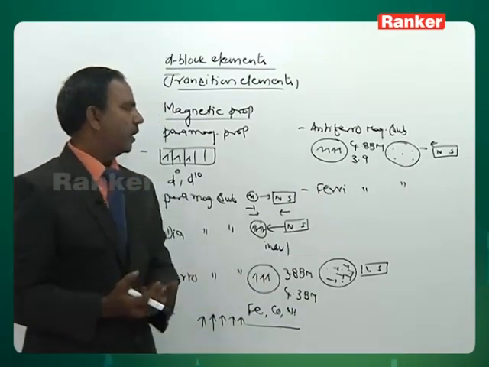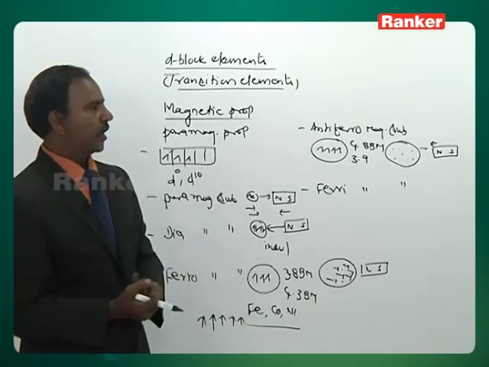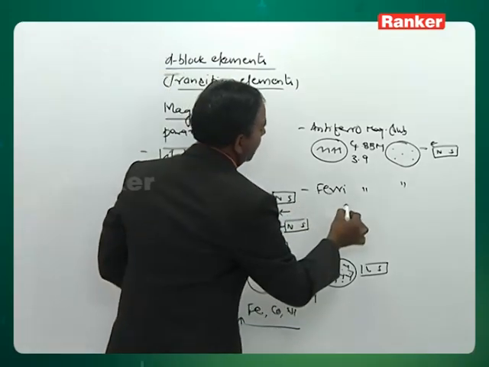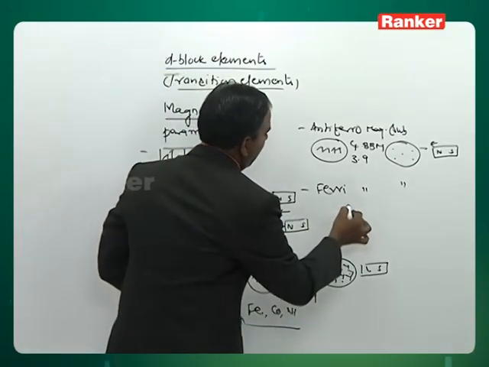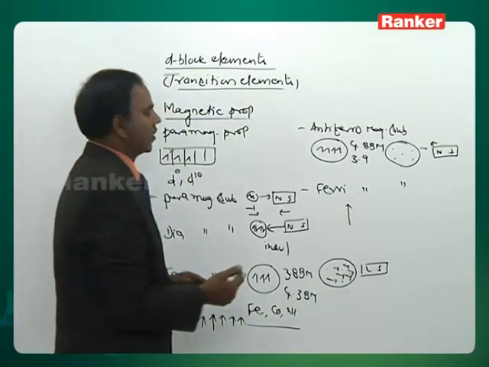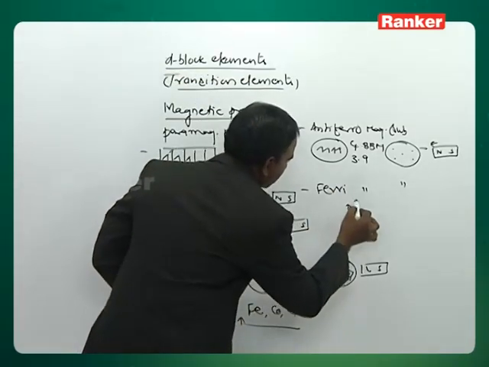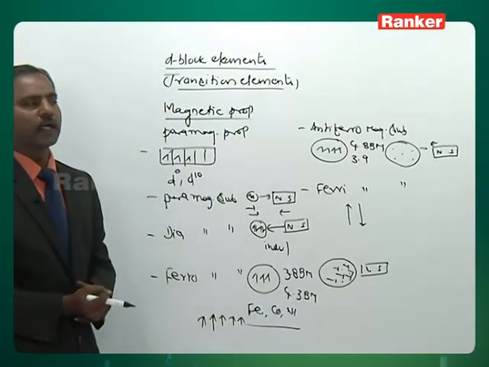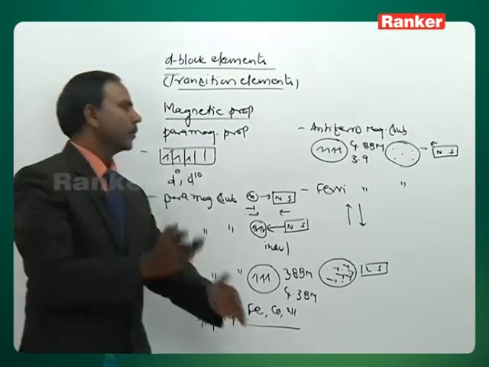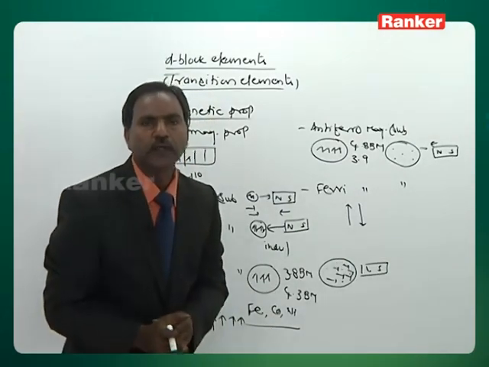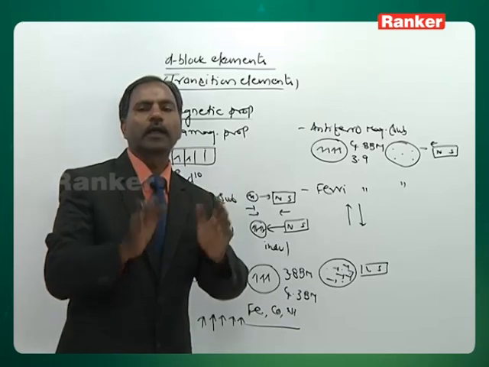Next, ferrimagnetic substance. In some of the substances, the magnetic vectors working in the direction of the field of the magnet and those working opposite to the field of the magnet are not equal. Then that substance exhibits a slight paramagnetic moment.